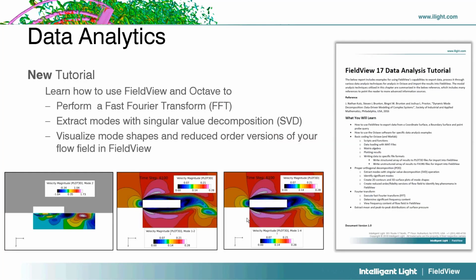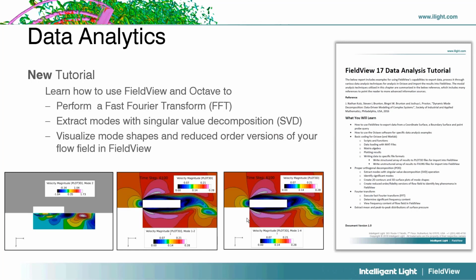So if you have interest in this topic, I want to mention that we have a new tutorial on data analytics. It's going to teach you how to use FieldView and Octave for doing a lot of things, but especially how to perform a fast Fourier transform, how to extract modes with singular value decomposition, and how you can visualize the mode shapes, but also a reduced order version of your flow field inside of FieldView, as you can see in the images over here at the bottom.